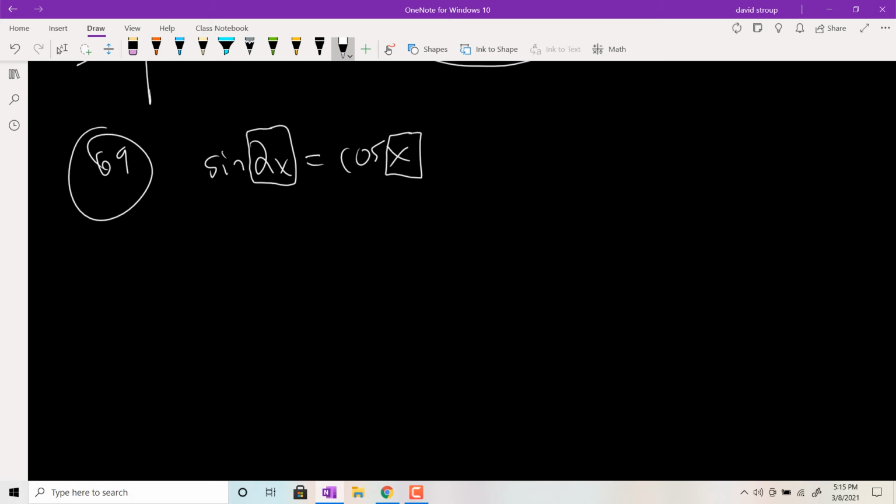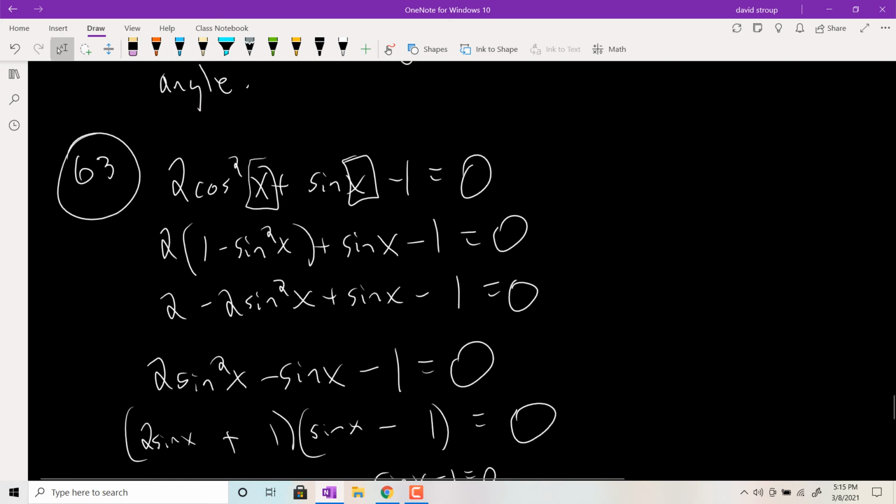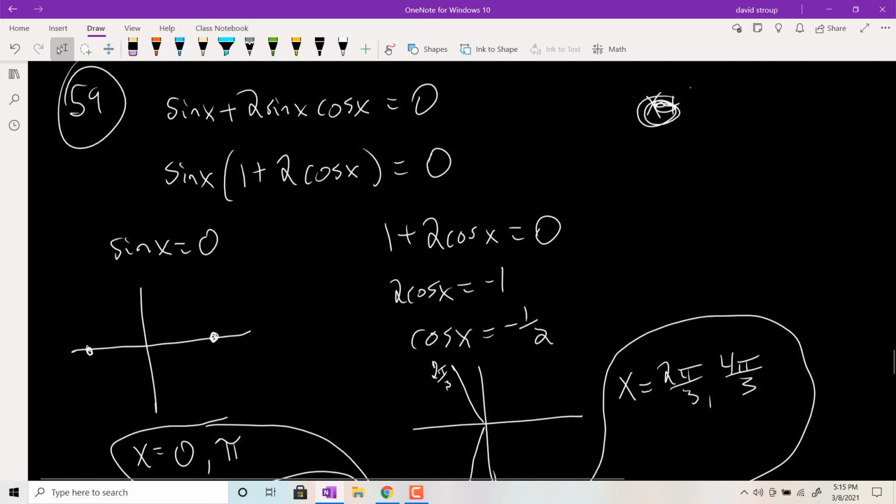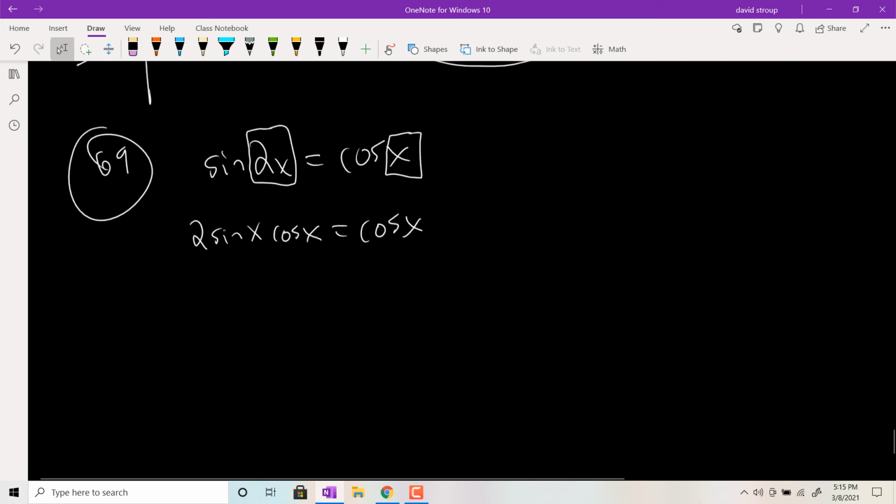Okay, so what I'm going to do is rewrite sine 2x using our 2 sine x cosine x formula, and that will equal cosine x. And then you can move the cosine x over, and it will be one of these factoring problems. It'll be just like number 59. As you go through the questions, you're collecting experiences, and hopefully you remember those experiences when you go to solve further problems. Right? We factor out cosine x.